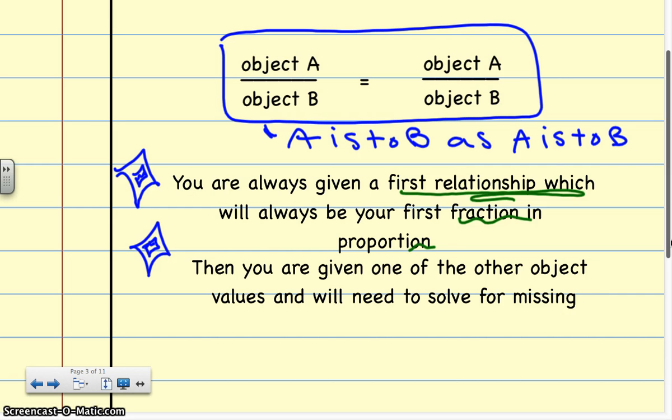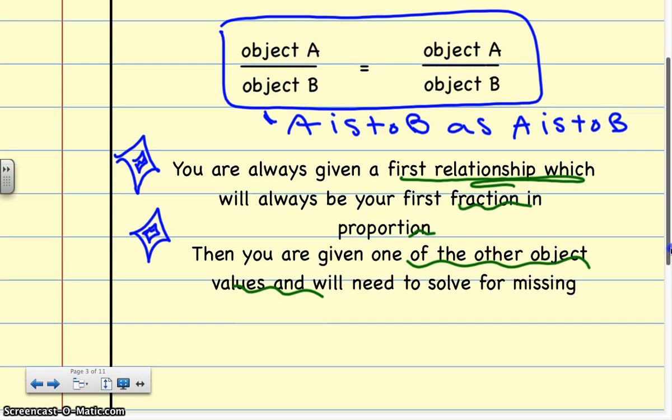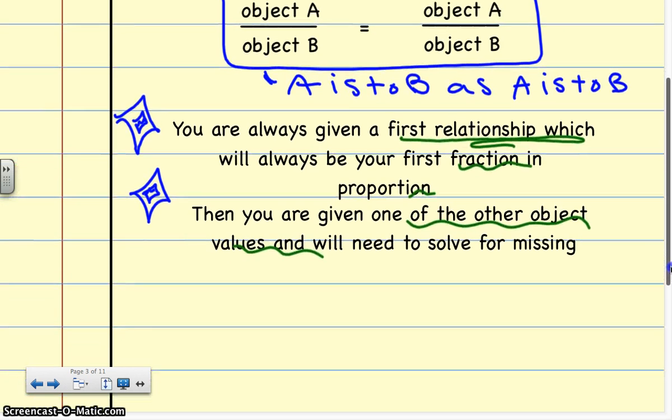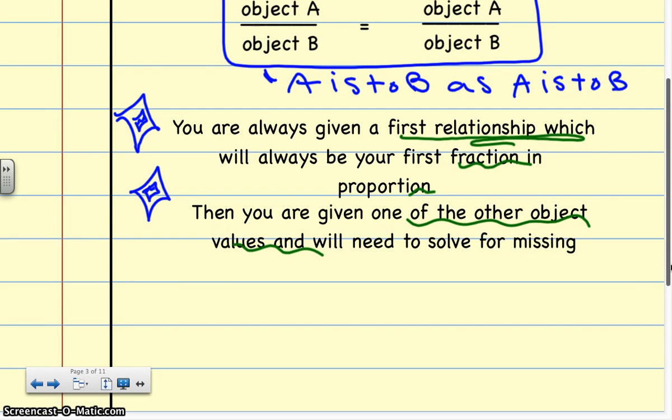That'll be the first fraction. Then you are given one of the other object values, and then we'll need to solve for the missing. We're going to do plenty of examples. I just want to give you a visual of this.